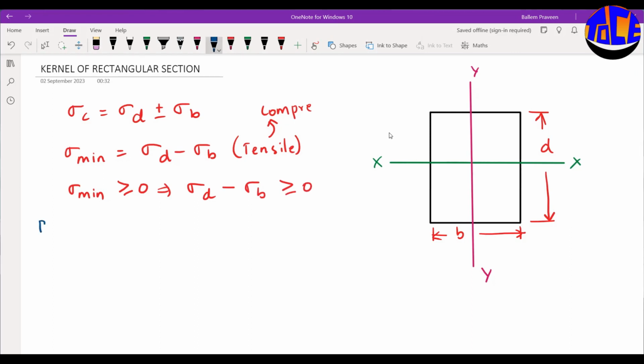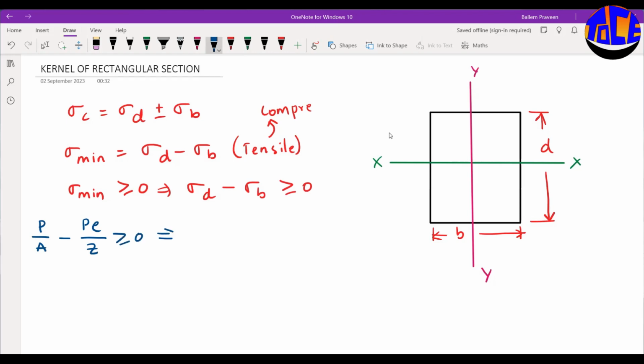It is the direct stress, which we can write as P by A. The bending stress is the moment due to the eccentric load, that is P into e, divided by Z, the section modulus. So PE divided by Z gives you the bending stress.